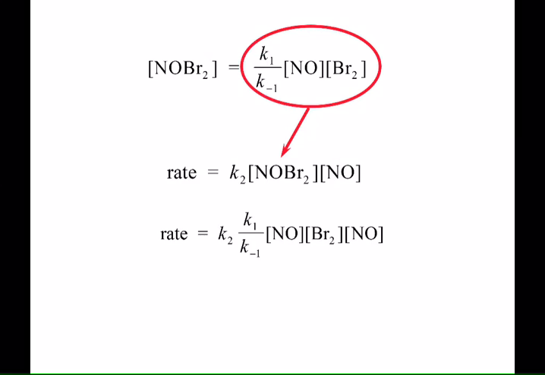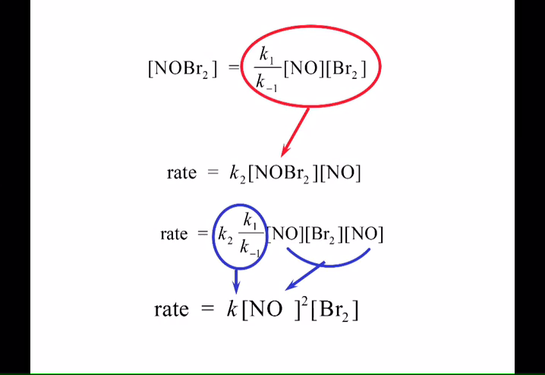I combine my NO terms, and of course now I get NO raised to the second power, which means I have arrived at what was observed. A few slides ago, this was what the observed rate law expression was. We said it was second order with regard to NO and first order with regard to Br2.